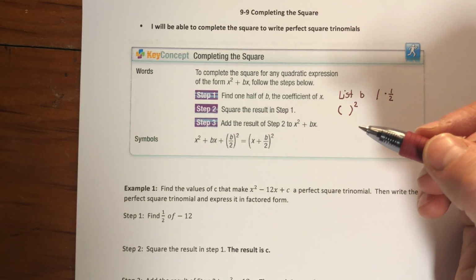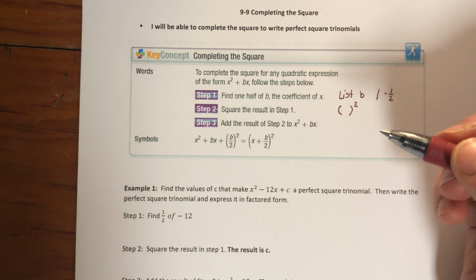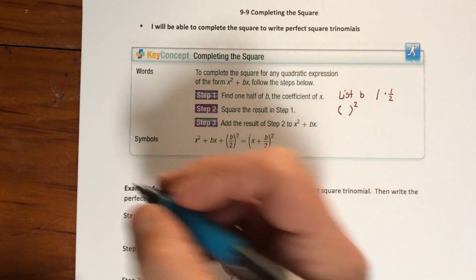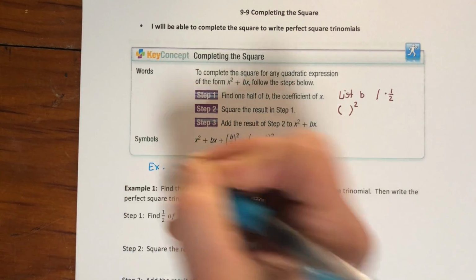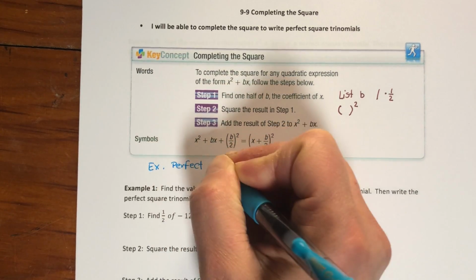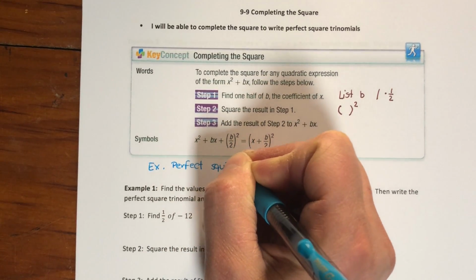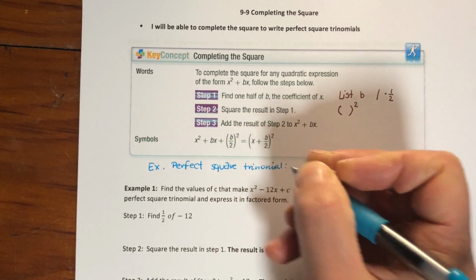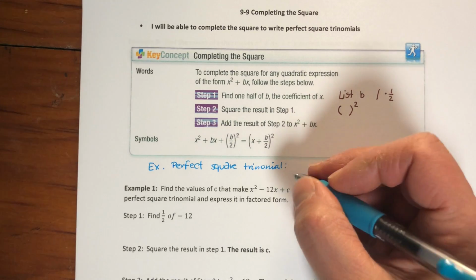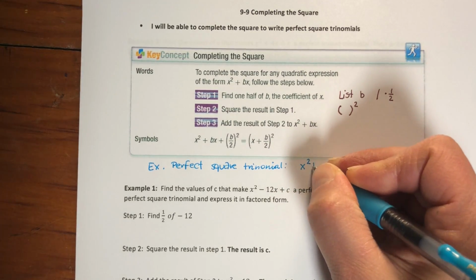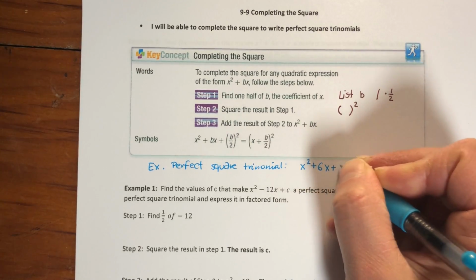Now, we are talking about completing the square to write perfect square trinomials. I hope you remember what the perfect square trinomials are. If you don't, I will give you an example. Here's my example of a perfect square trinomial: x squared plus 6x plus 9.